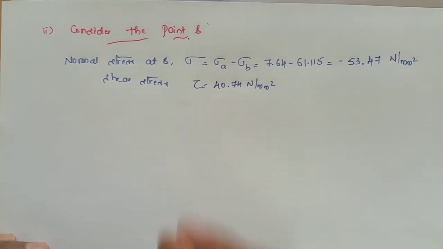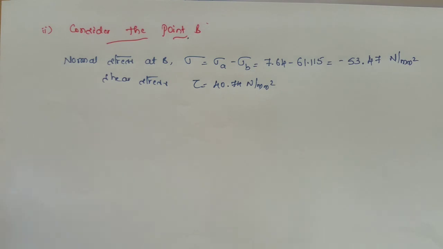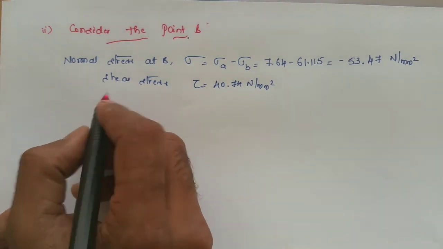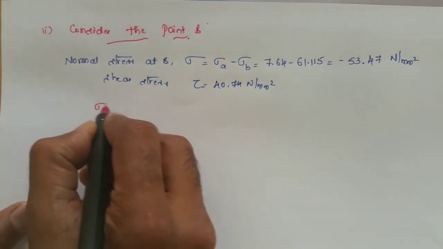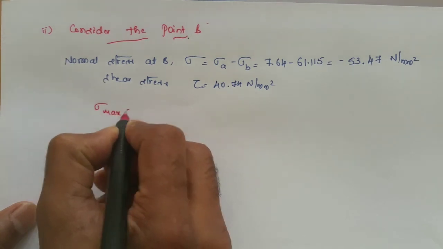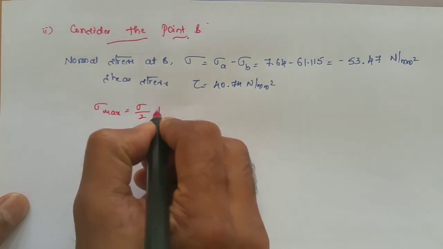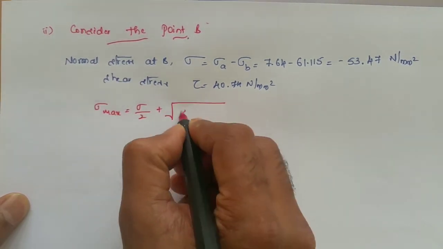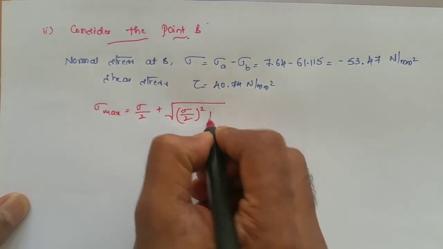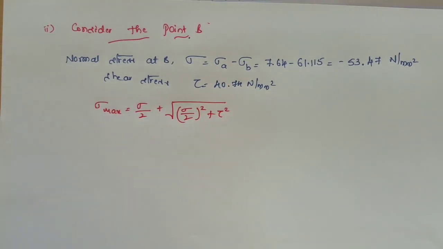Now these two values we have to apply to calculate the maximum and minimum principal stresses. So the maximum stress is given by sigma by 2 plus the square root of (sigma by 2) whole square plus tau square.